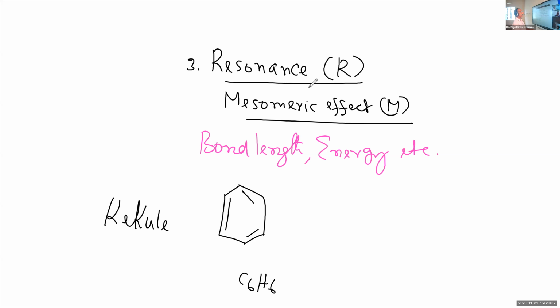Remember the test for unsaturation: decolorization of red bromine water or decolorization of alkaline potassium permanganate solution, Bayer's reagent. These tests are given by compounds containing carbon-carbon double bonds.